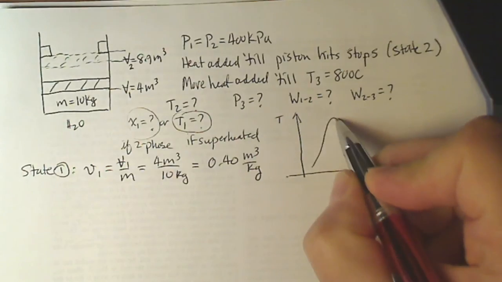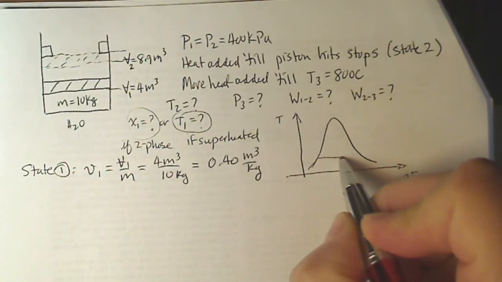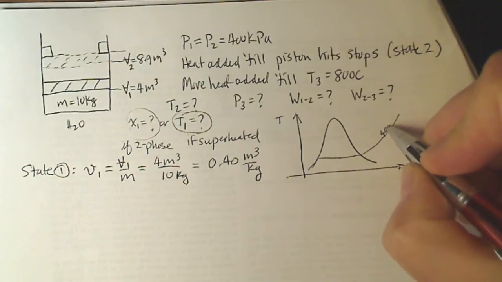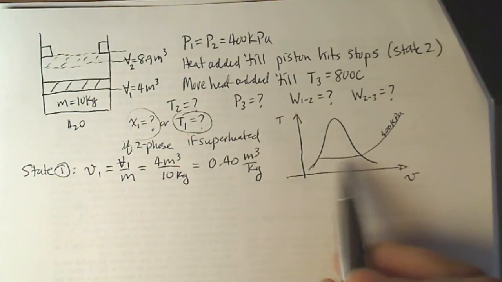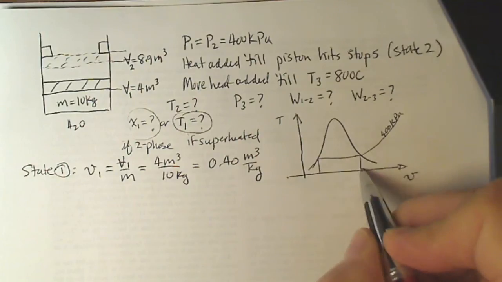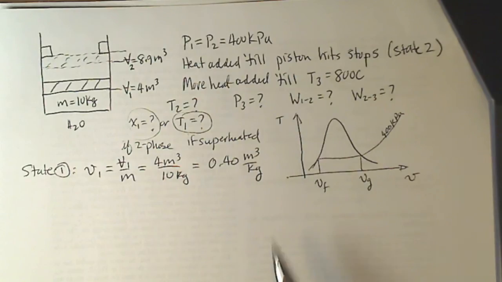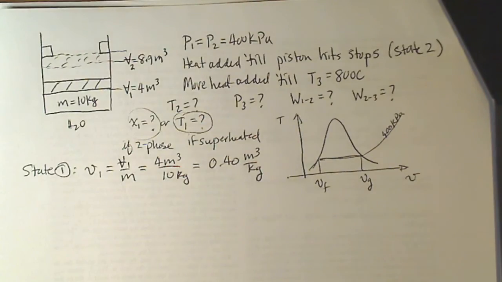So temperature, volume might look like that. I don't know where 400 kPa is, but I'm going to show it right here. And the first question is, where is state 1? To analyze that, we'll look at vf and vg at 400 kPa and try to see where it falls.